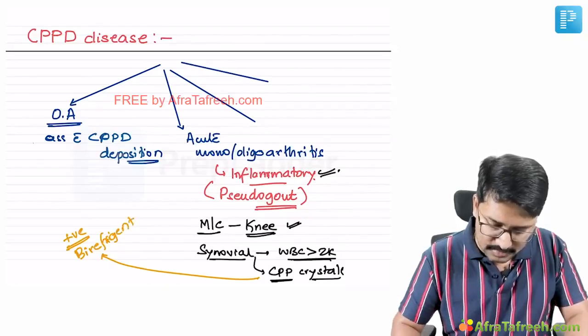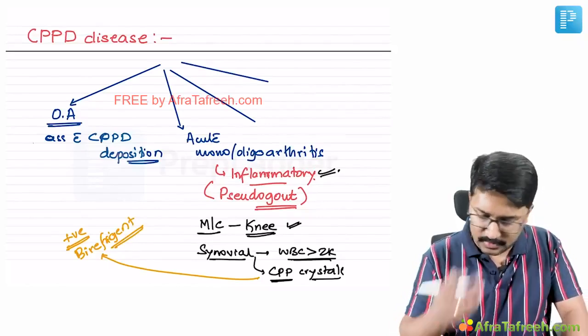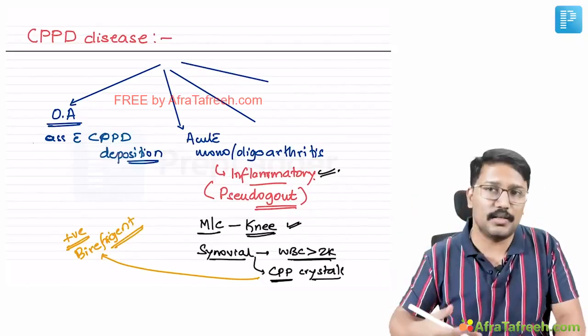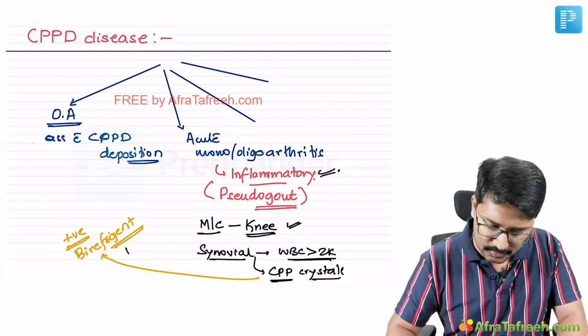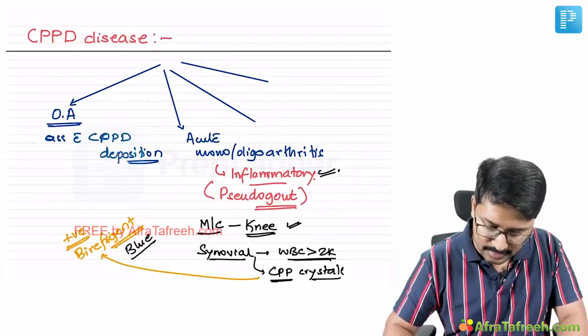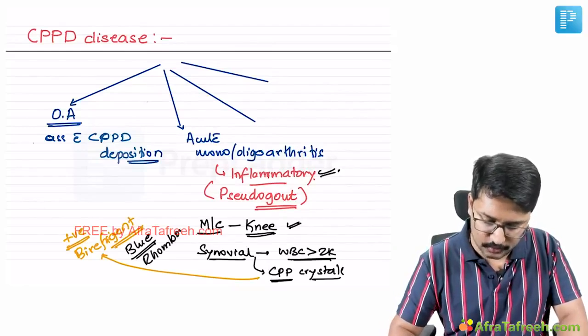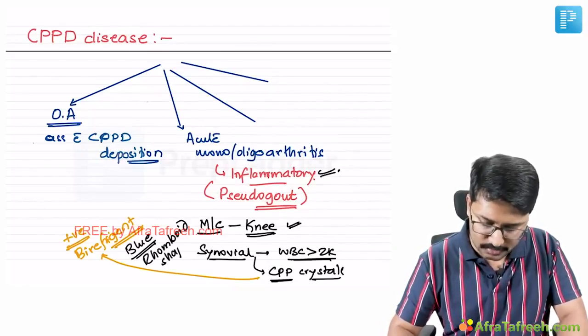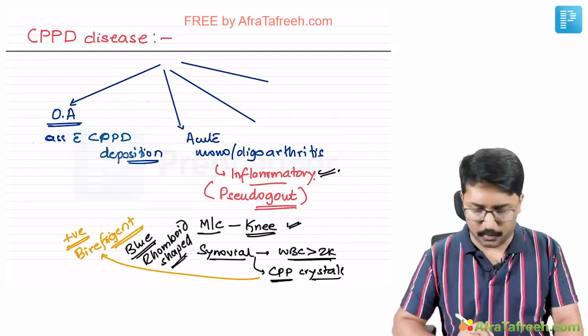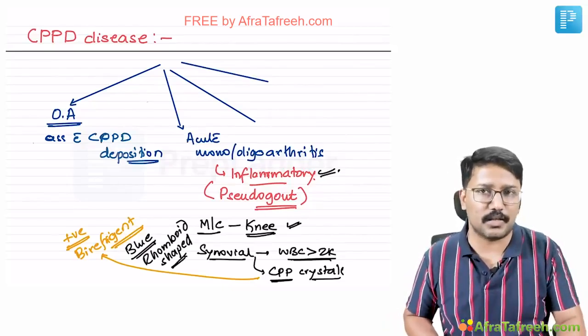That means when the crystals are parallel to the analyzer, they will appear blue, and the crystals are usually rhomboid shaped, right? So this is one point that helps us to distinguish.